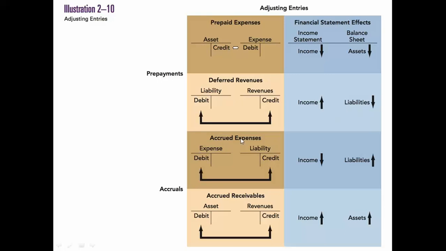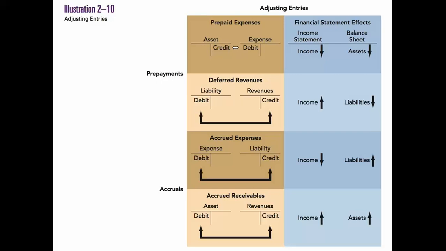Accrued expenses could be salary expense, wages expense, utilities expense. We account for that in the adjusting entry by debiting the expense and crediting the liabilities. How it affects the financial statements: we are decreasing our net income, right, because we have more of an expense, and we are increasing our liabilities since, debit salary expense, credit salary payable, we are increasing that liability.